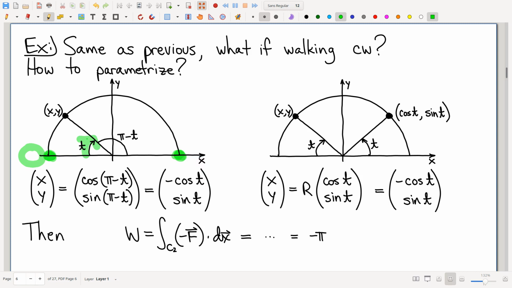Because when this angle here is 0, you're at the starting point. As this angle here increases, you go clockwise, as you're supposed to. And then when that angle right there gets to pi, that's what gets you to the end. So calling that angle t indeed gives us a clockwise orientation.